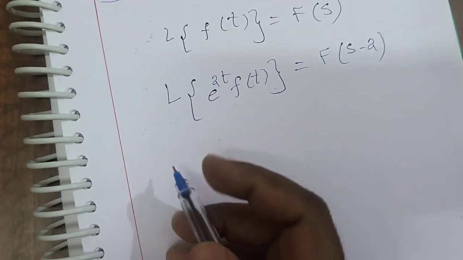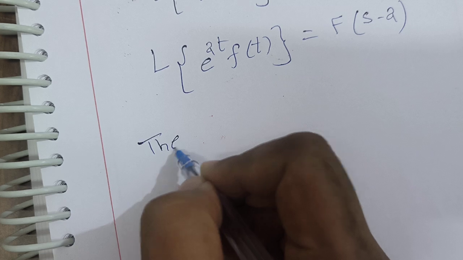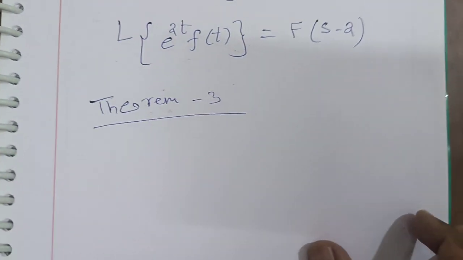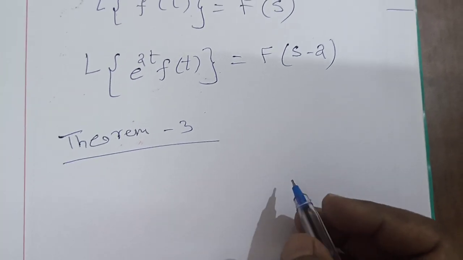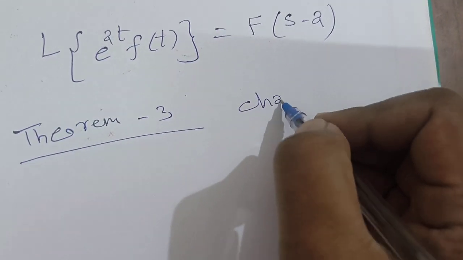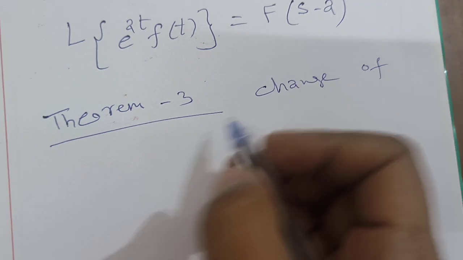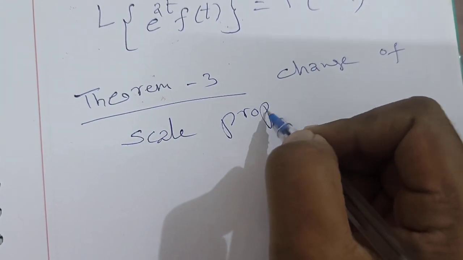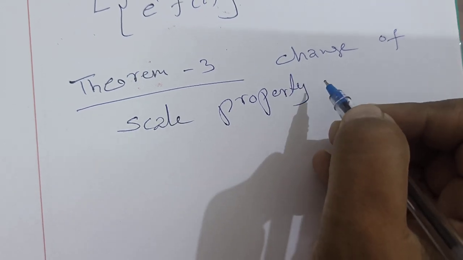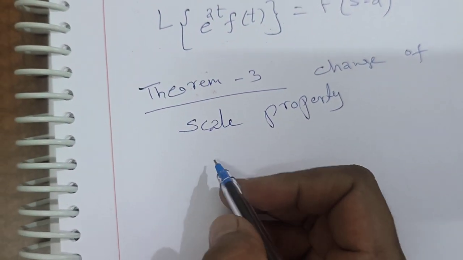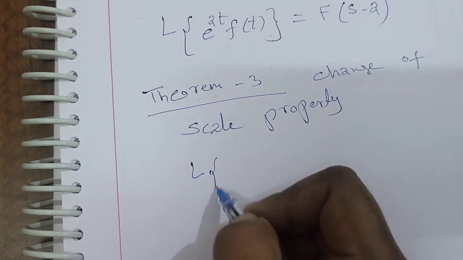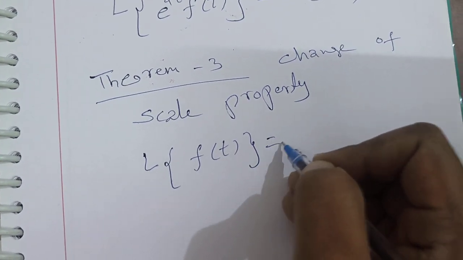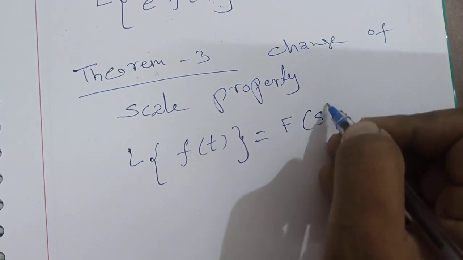Now, our third theorem, theorem number 3, is known as the change of scale property. Here, by the definition of Laplace transform, we have L of f of t is equal to capital F of s.